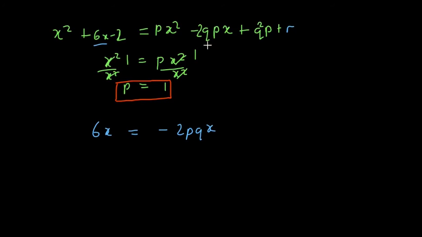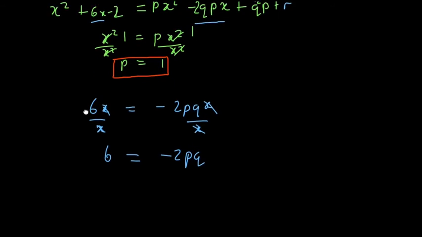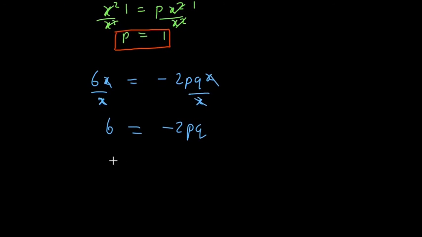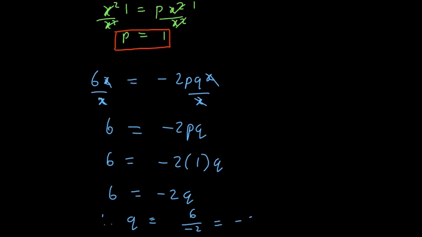We are comparing terms with x only, 6x and minus 2pq, so of course the x cancels out. Now we have 6 is equal to minus 2pq, and we already have the value of p, which is 1, so we have minus 2q, and therefore q is equal to 6 over minus 2, which is minus 3.